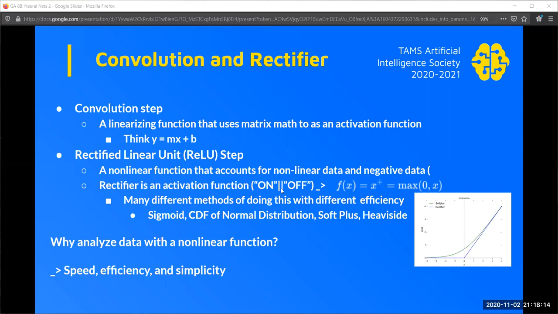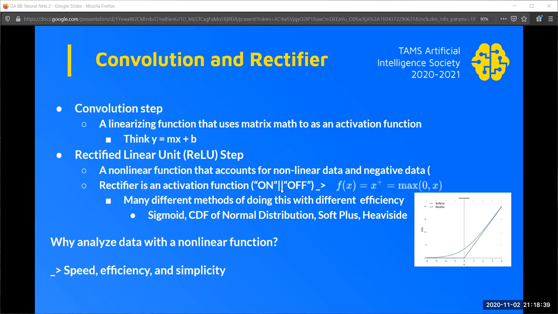It helps the speed. They're pretty efficient at getting rid of stuff, and it simplifies your neural network. If you run into a problem with data that can't be assessed linearly, you're not going to spend a ton of time and resources trying to assess that data linearly with your model. You're not going to have that kind of loop.